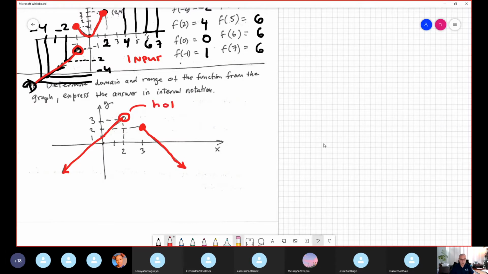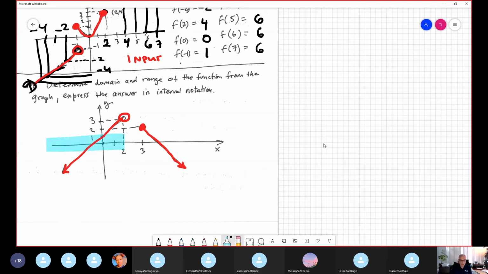We also have a gap in between, here. I have no idea what situation we will have in the test. Maybe no hole, maybe no gap, but you need to be aware that when there is a hole, the function is undefined, and when you have a gap, the function is also undefined. We have no function there.